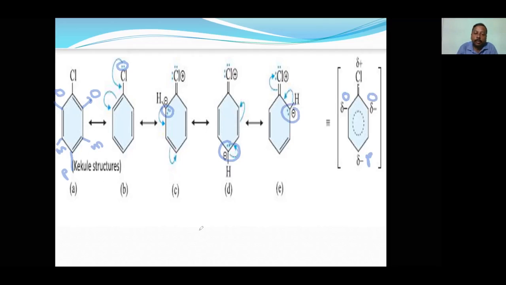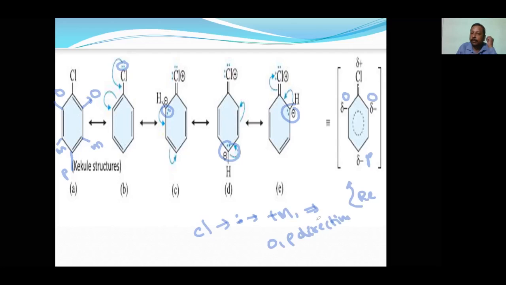That's why chlorine, because of the lone pair, is a plus M group. And for a plus M group, when any reagent comes, it will prefer to attach itself at the ortho position or at the para position. That's why this is called OP directing.